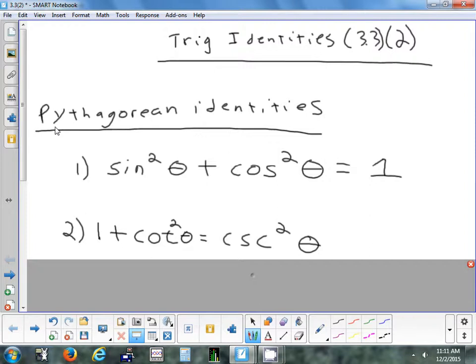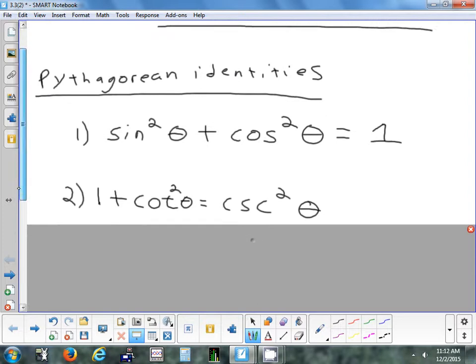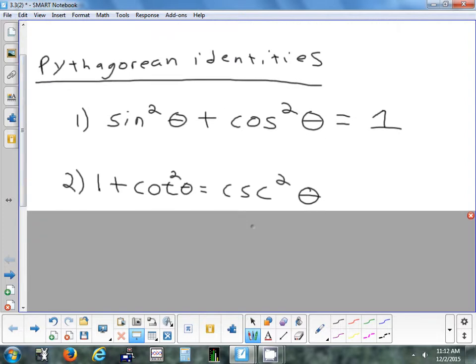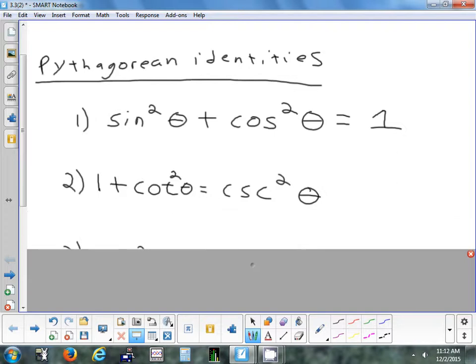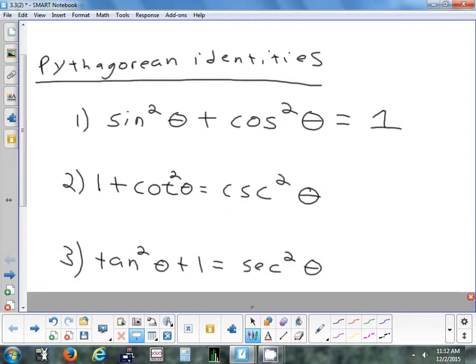The second one is 1 plus cotangent squared equals cosecant squared. And our last Pythagorean identity is tangent squared plus 1 equals secant squared.